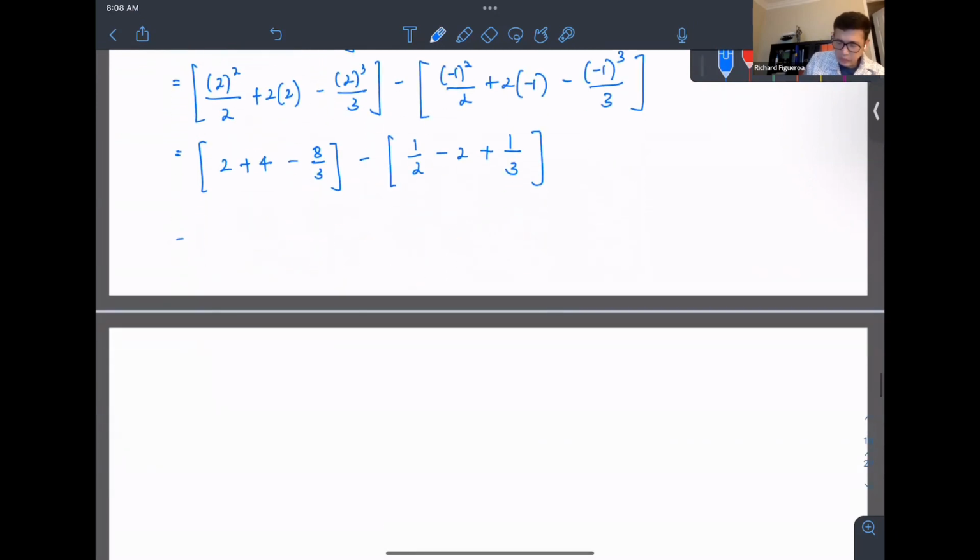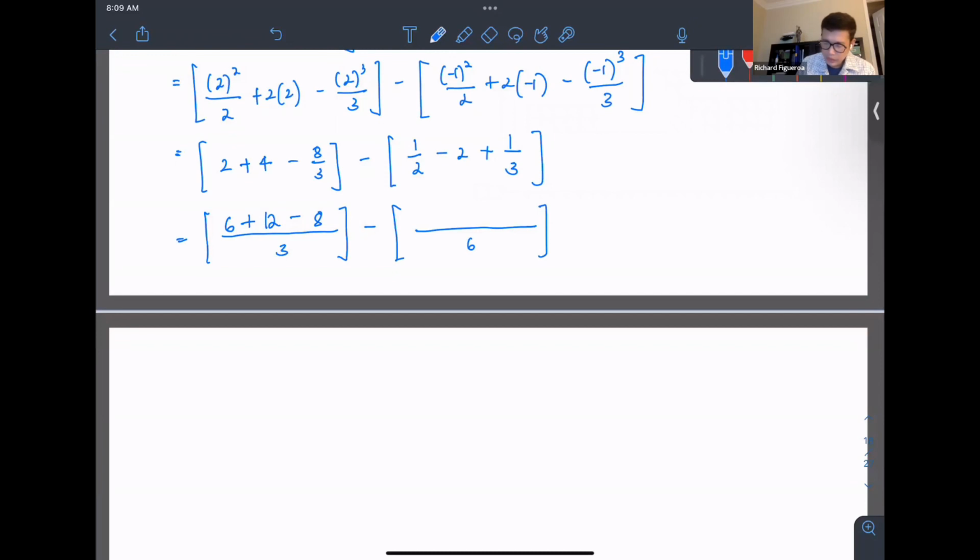And then the next thing that we can do is get the LCD, so that will be 3. So 3 times 2, it's 6. And plus 3 times 4, it's 12. Minus, this is just 8. And minus, this time we have 2 and 3, so the LCD will be 6.